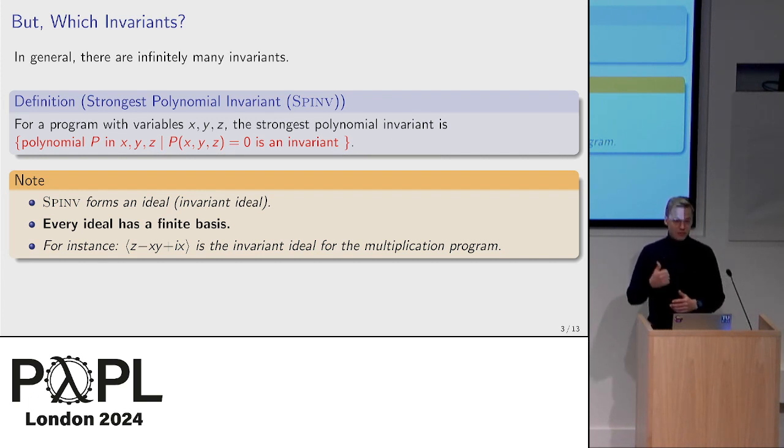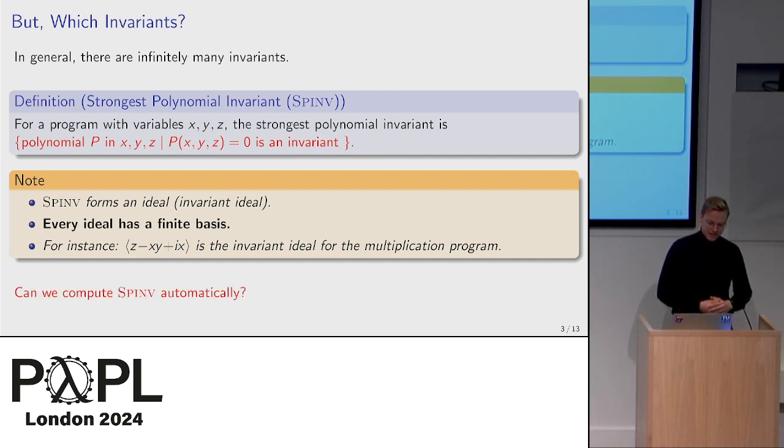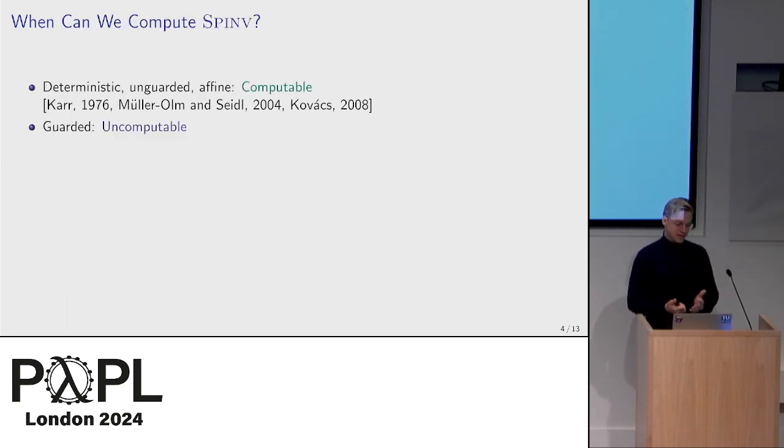And for instance, for the previous example that I showed you, for the multiplication program, this single invariant that we had is actually already a basis, a basis with just a single element, for all polynomial invariants of this loop. So the question we now refine is, can we compute a basis for the strongest polynomial invariant automatically? And this is a question that has been studied quite extensively.